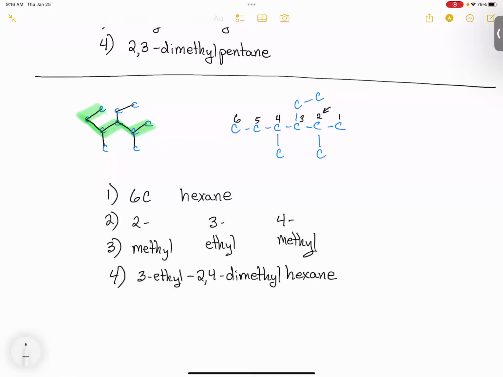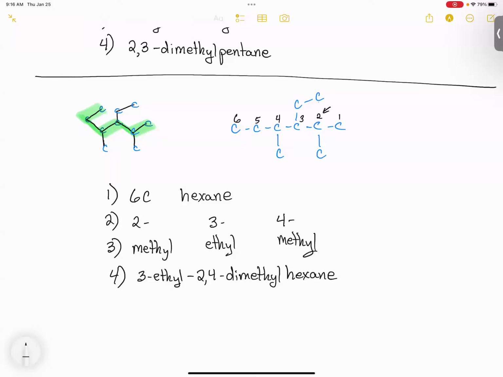Because there's 2 carbon. Okay, so once you number it, 1, 2, 3, then you look at it. Actually, no, the 2 is this one, and the 4 is that.